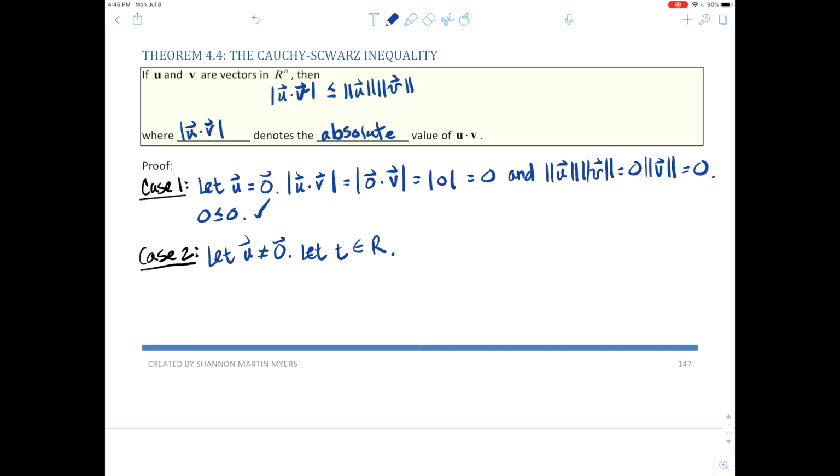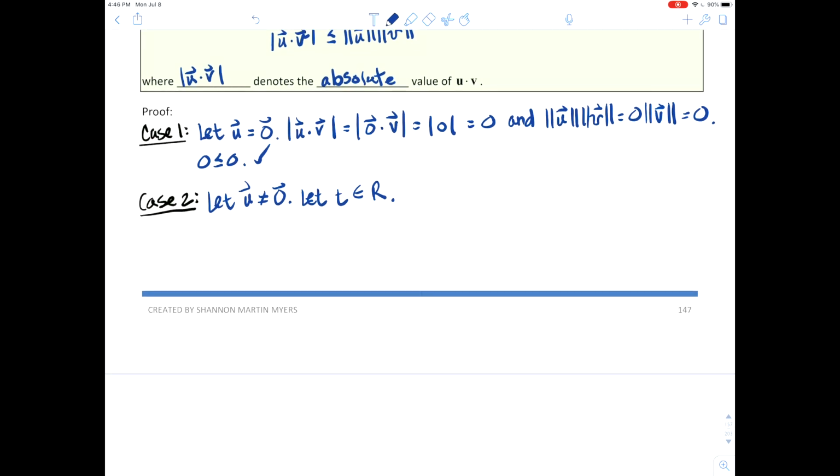If u is non-zero and t belongs to the real numbers, then t is going to serve as a scalar, right? So if I want to think about this sum here, t times u plus v, what's going to happen?